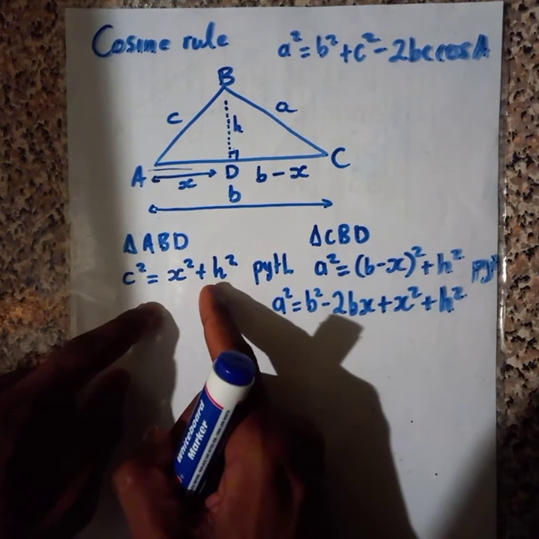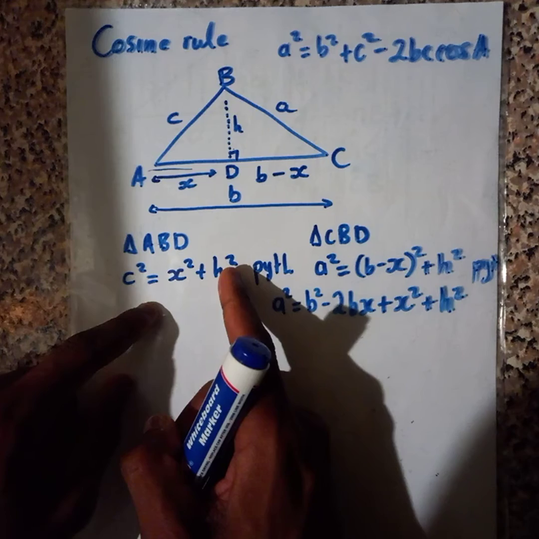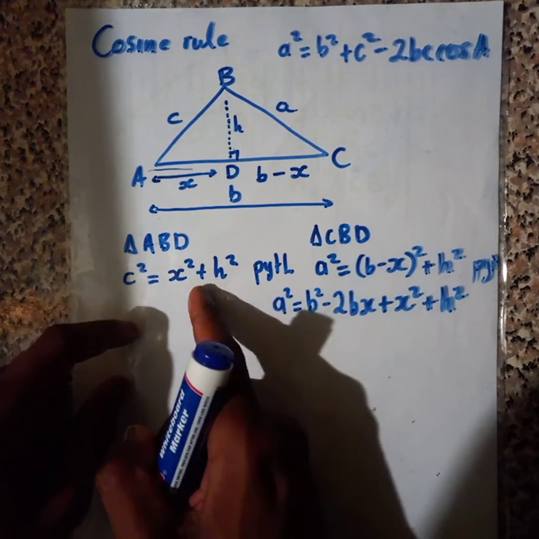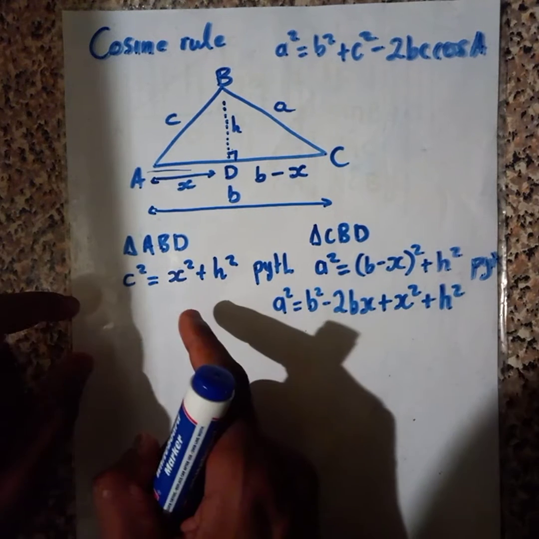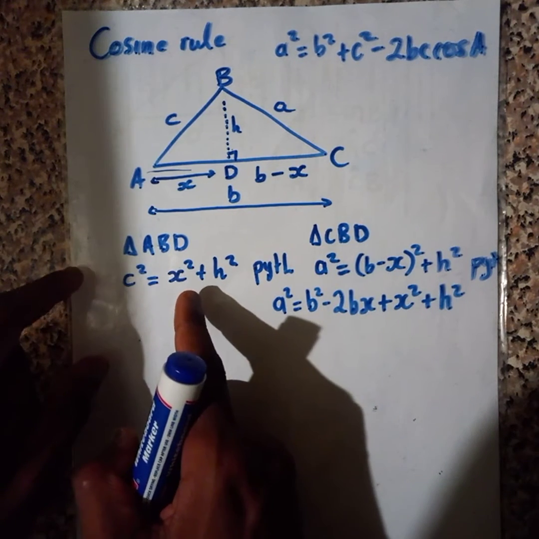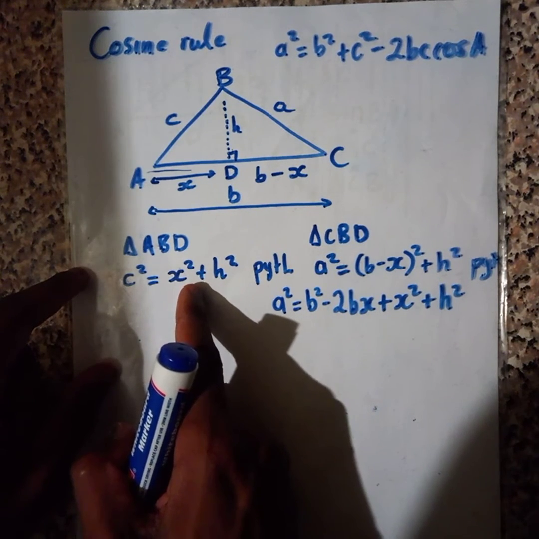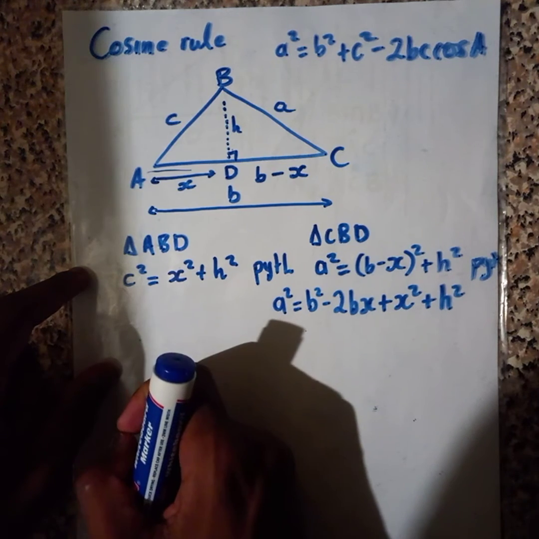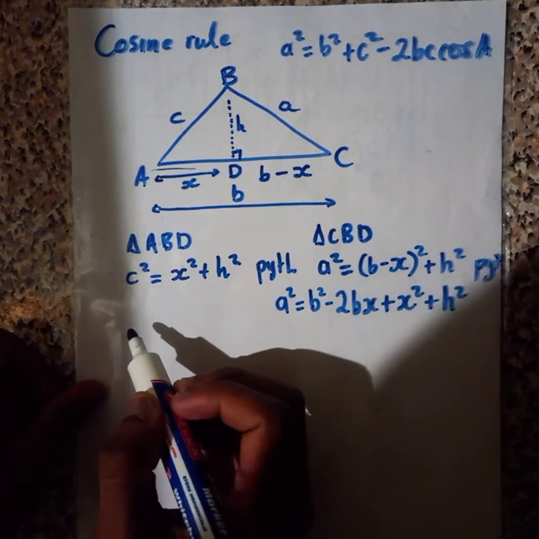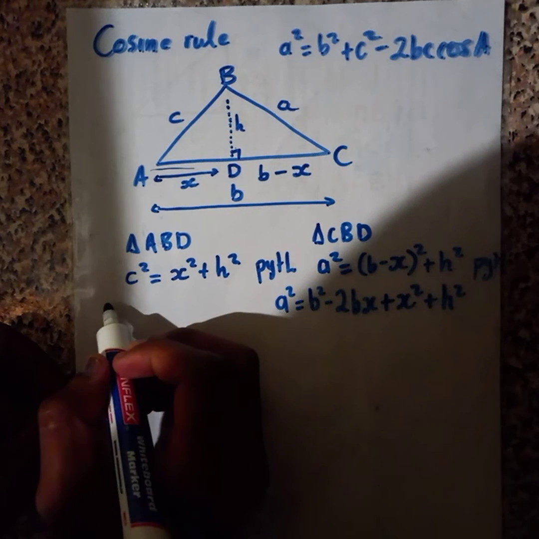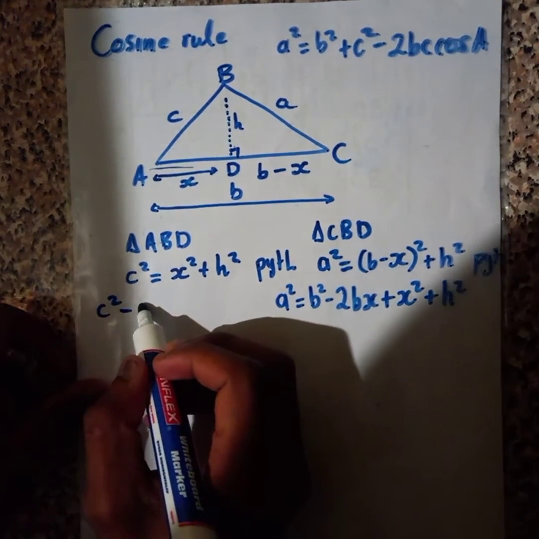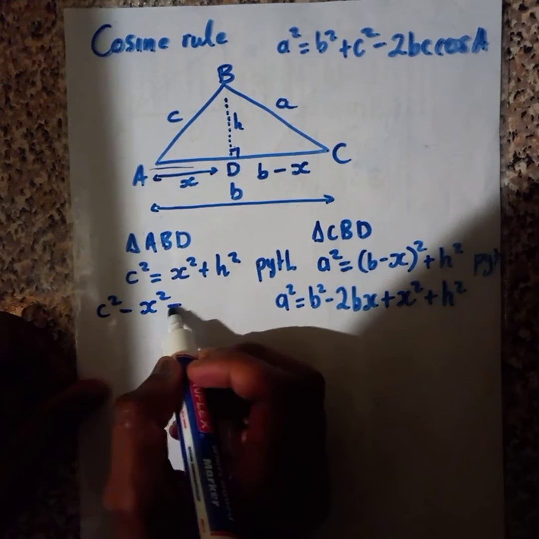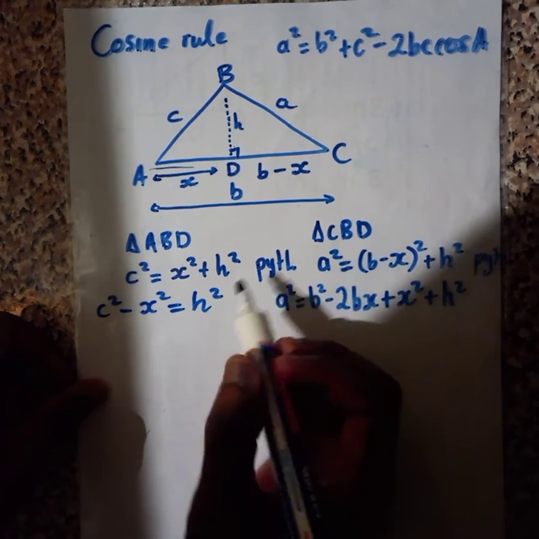Let us make h squared the subject of the formula, because both of these equations do have h. We are going to say now c squared minus x squared is equal to h squared.